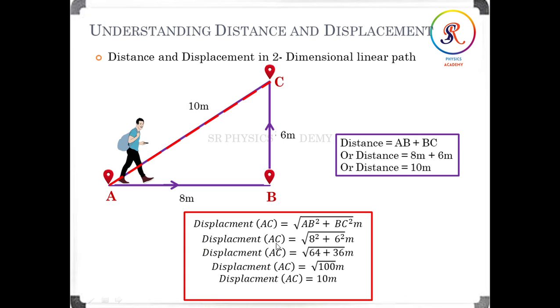AB square is 8 square, plus BC 6 square. 8 square is 64, plus 36, we get 100 meter. Square root of 100 is 10 meter. So we get the distance and displacement. But in displacement we have to specify the direction because it is a vector quantity.